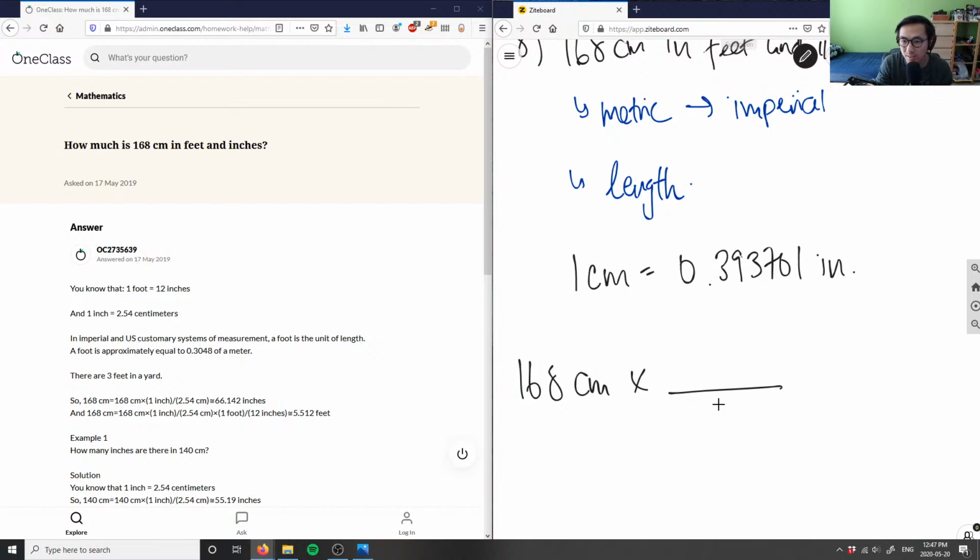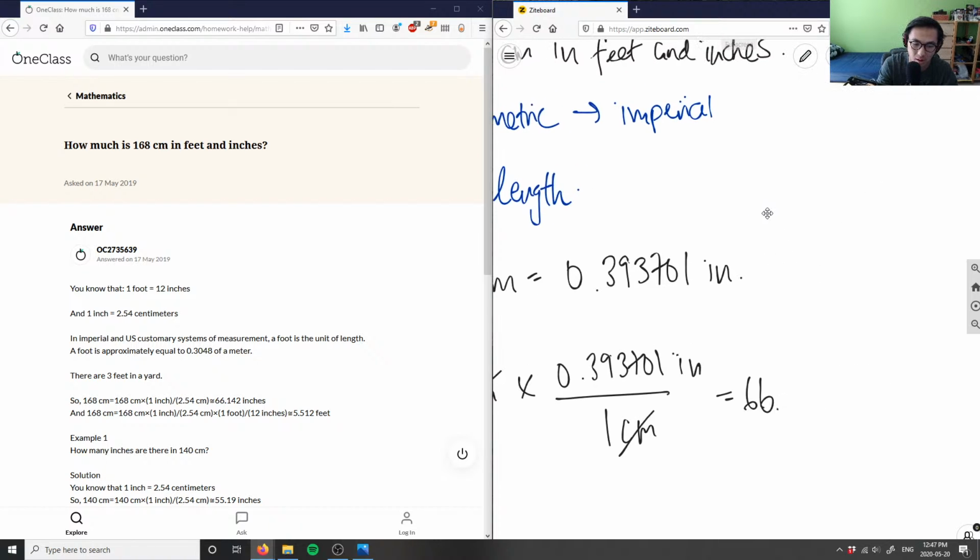And in 1 centimeter, which is going to be the bottom, I have 0.393701 inches here. These centimeters are going to cancel out. So I'm left with 168 times the conversion factor. So 168 times 0.393701, sorry, 701, which will give me 66.14 inches.